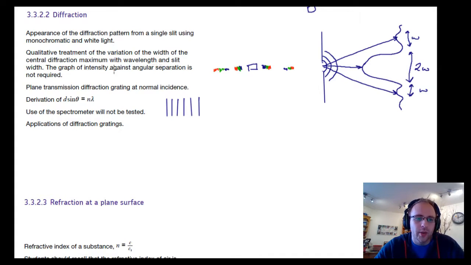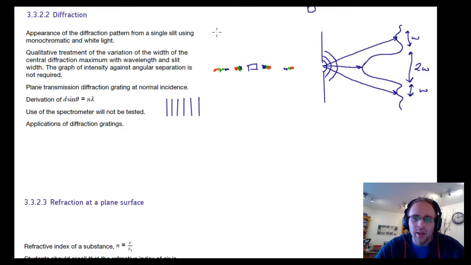Qualitative treatment varies with the wavelength and slit width. So we don't need to do a graph of this, which is good. We don't actually use an equation for diffraction, which is a bit annoying really.